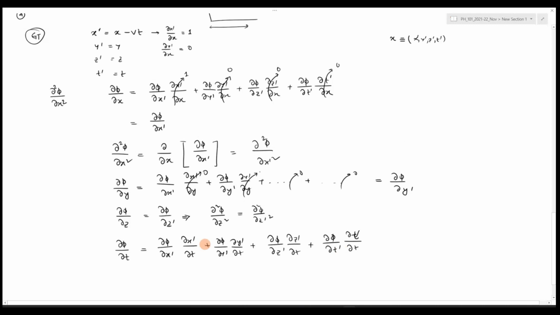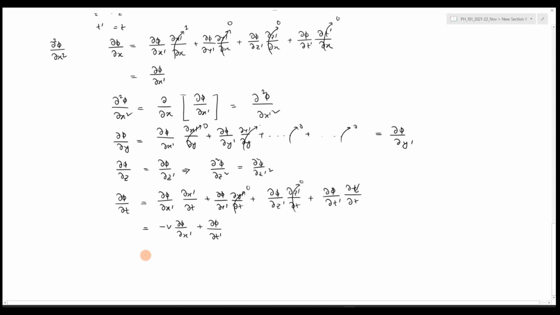Now what is dx prime by dt? Minus v. So this will become minus v d phi by dx prime. What is dy prime by dt? 0. dz prime by dt? 0. dt prime by dt? 1. So finally we got that this will be d phi by dt prime.